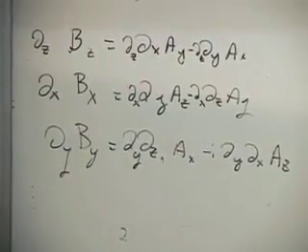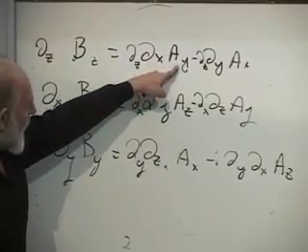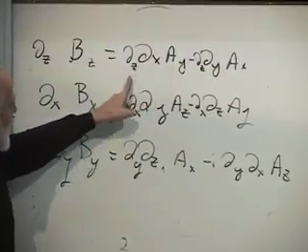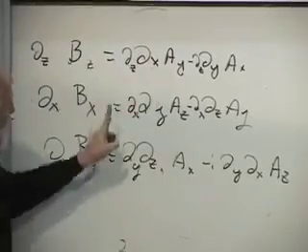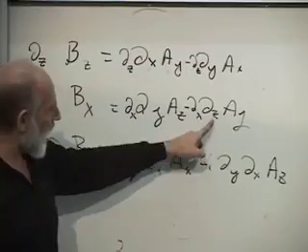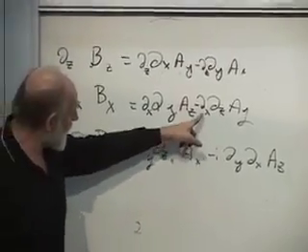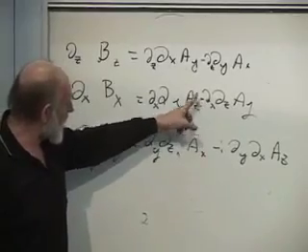Okay, let's see what we have. In particular, let's track this term here. This has an Ay in it. It has dz dx Ay with a plus sign. Here's another term with Ay. It has dx dz, doesn't matter which order, with opposite sign.